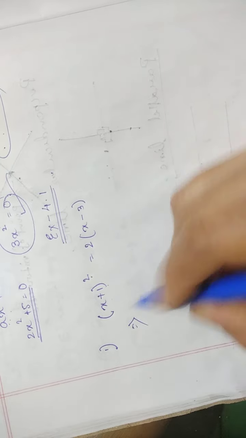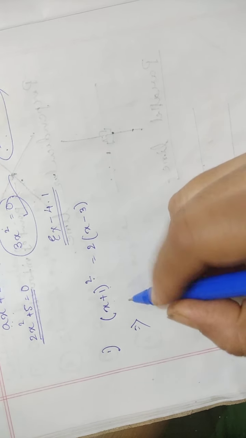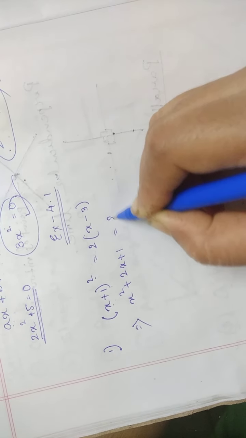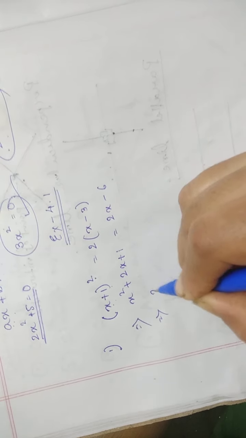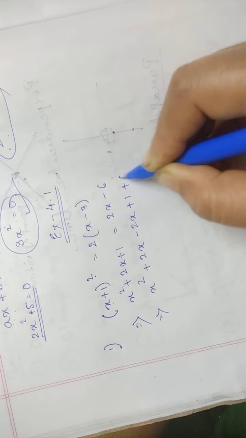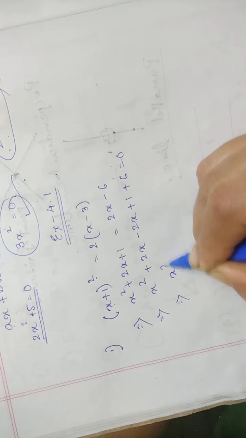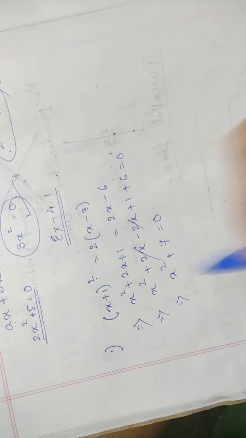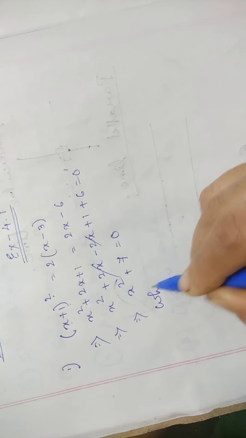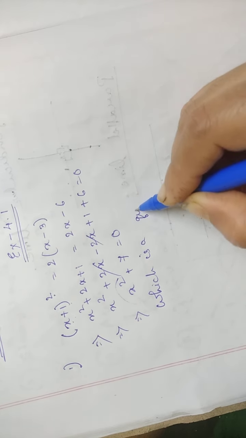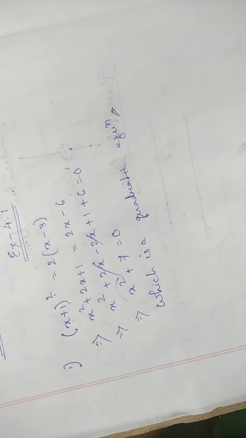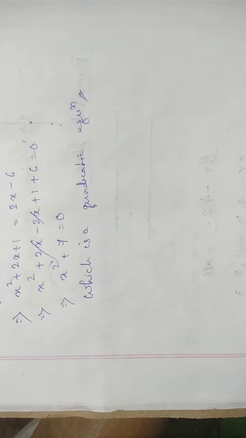So a plus b whole square, now you convert this into a square plus twice ab plus b square, equal to twice x minus 6. x square plus twice x minus twice x plus 1 plus 6 equal to 0. x square plus 7 equal to 0. So here you see x square term is there. So which is a quadratic equation.